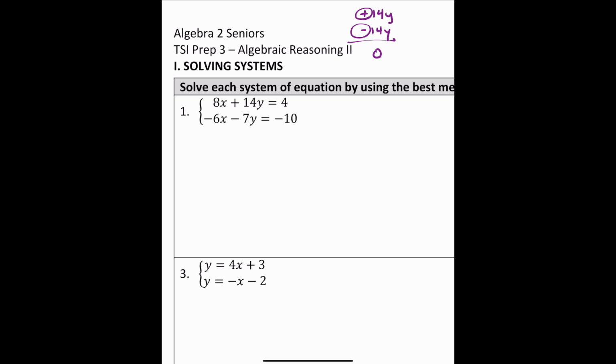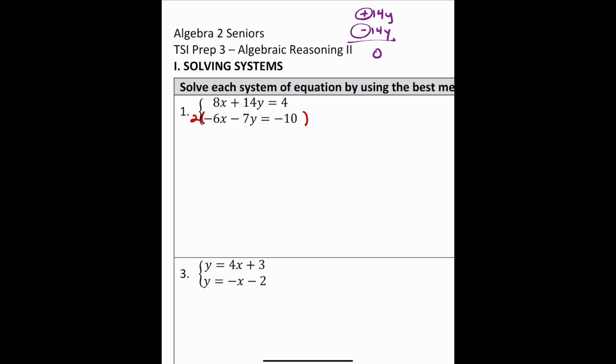So with number 1, we have a positive and negative and a positive and negative. That's great. In the case that you have a positive and a positive, then you need to multiply one equation by the negative and then distribute, right? In this case, what I'm going to do is I am going to multiply this second equation by positive 2.